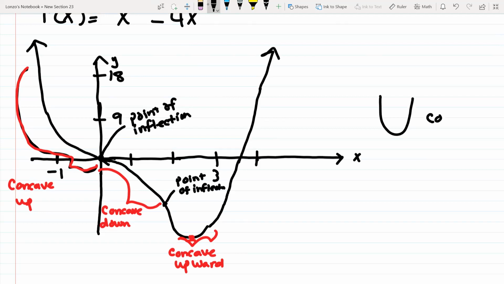So this is concave up. And concave down is where it's like that, concave down. And I'll briefly talk about point of inflection. Basically, it's just where the graph starts to change between concave up and concave down.